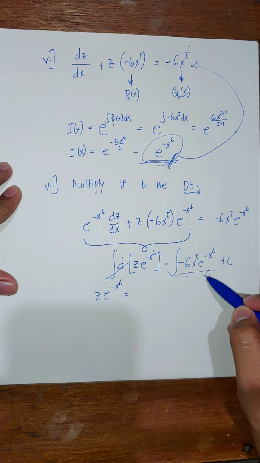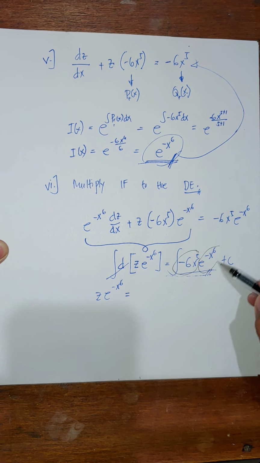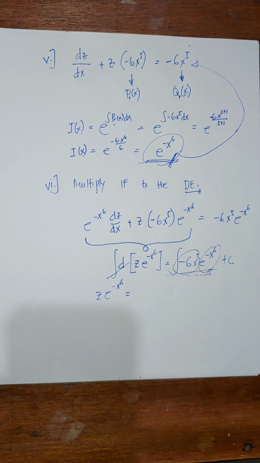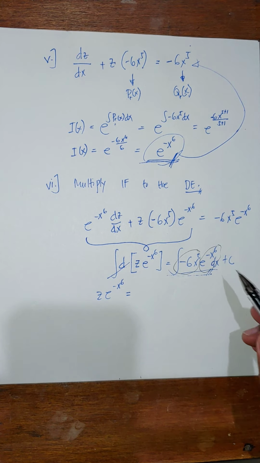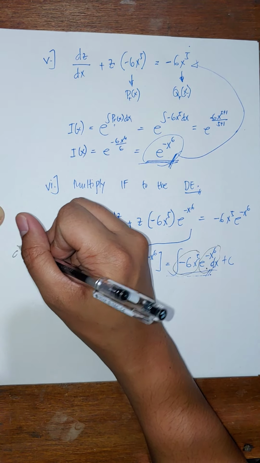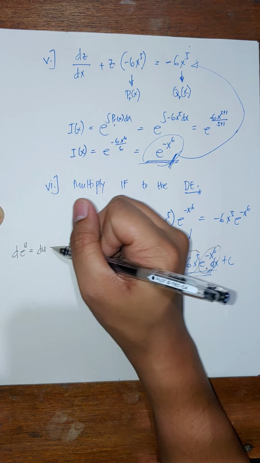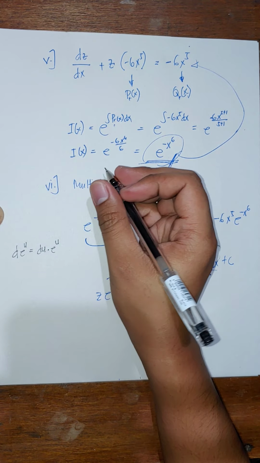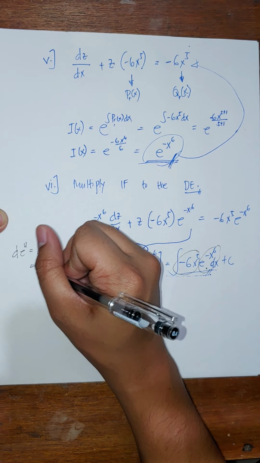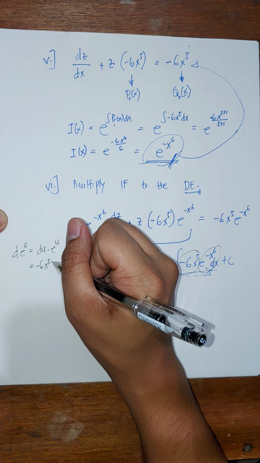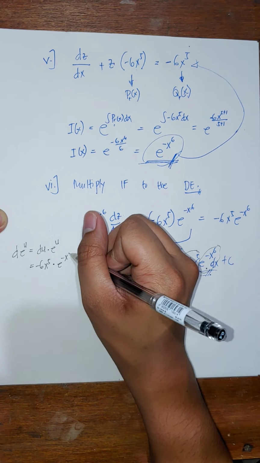how do we solve this? If you remember, we forgot the dx here. So we integrate here with respect to x. If you remember, the derivative of e to the u is du times e to the u. Here we have negative 6x to the fifth times e to the negative x to the 6.